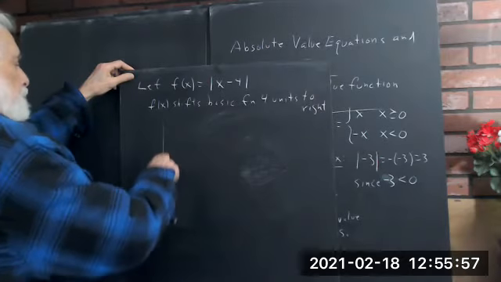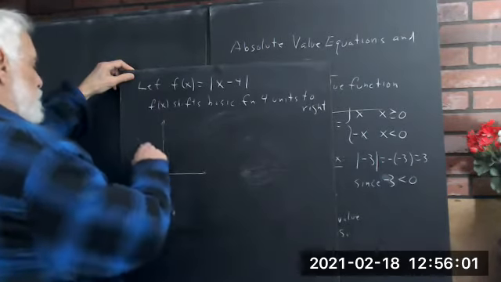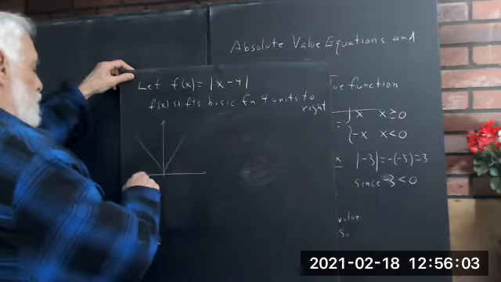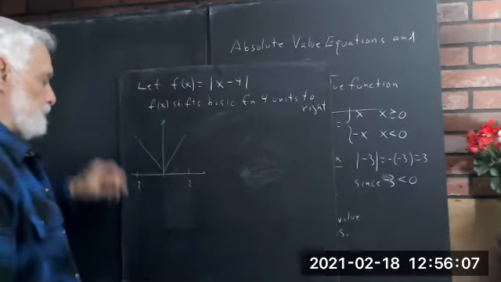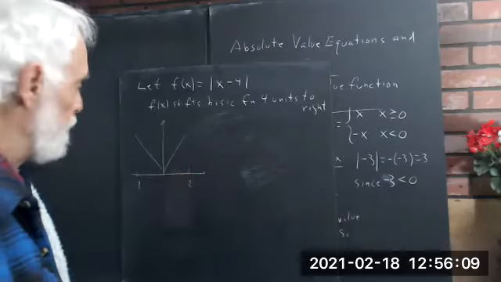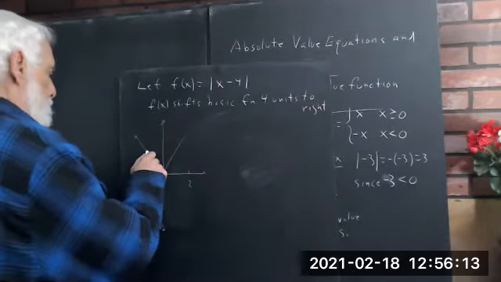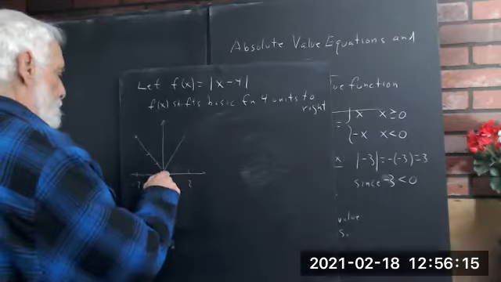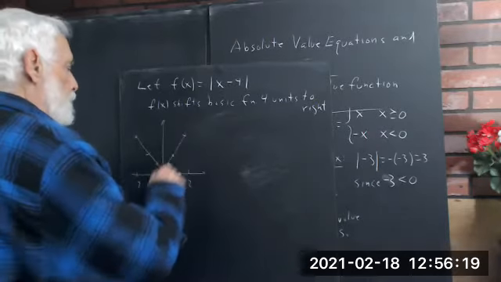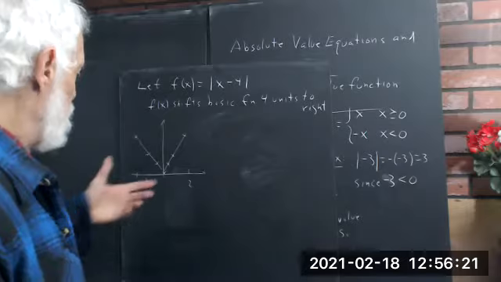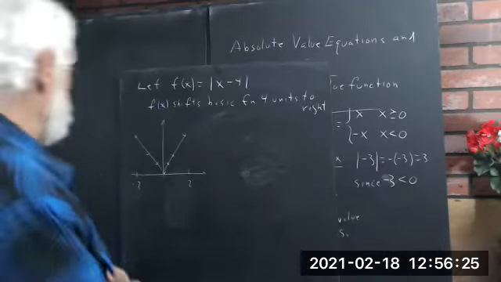So here's our basic function. We could take each of our basic points and shift each of these points 4 units to the right.